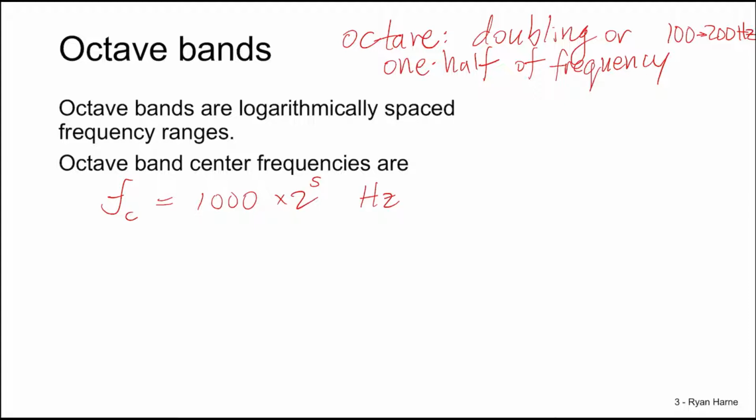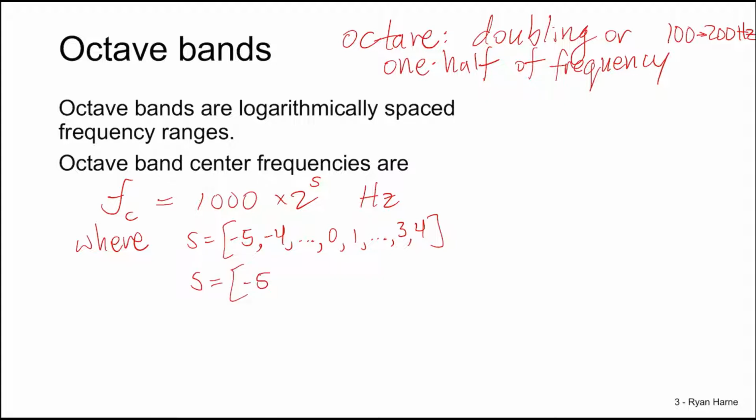This is in hertz, where s is equal to the range of integers from -5, -4, up to 0, 1, ending at 3 and 4. We could also write this, for instance, as s is equal to -5 colon 4.